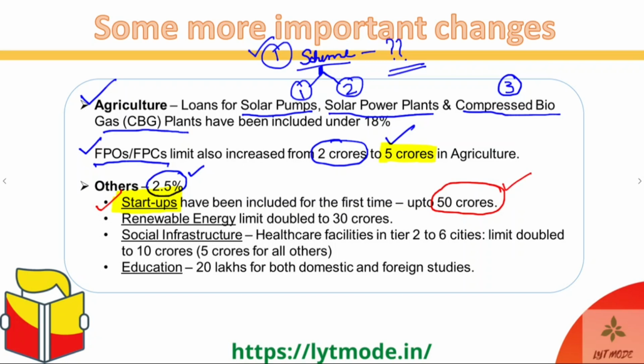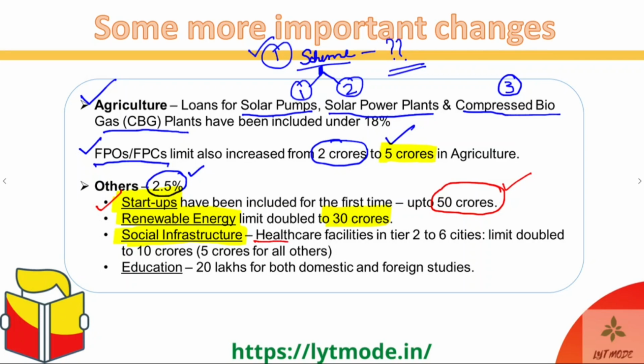Moving ahead. Renewable energy. For renewable energy, the limit was 15 crores earlier. Now it has been increased to 30 crores. Okay, it has been doubled. Third is social infrastructure. Under social infrastructure, the limit is actually 5 crore per social infrastructure project, but a very specific case has been created under this because of the COVID-19 healthcare scenario that has been going around since the last few months.